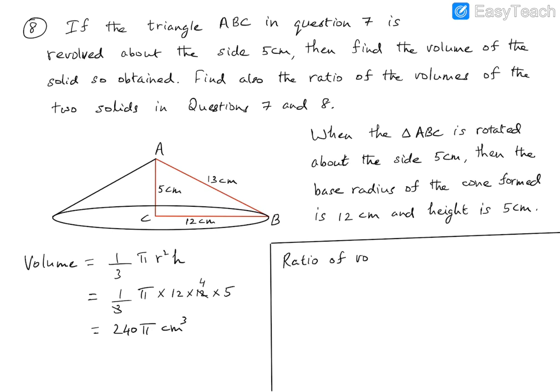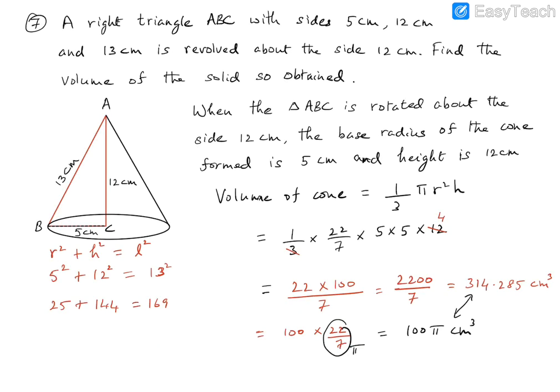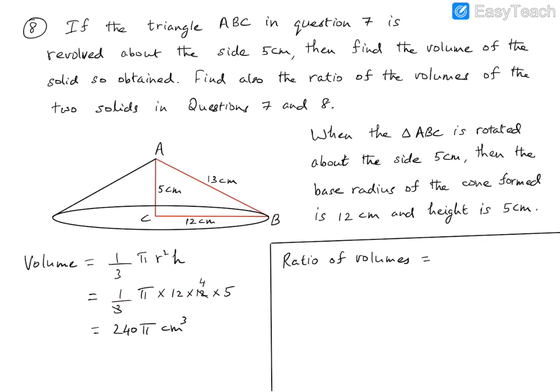Ratio of volumes of the two cones. In the previous case, we had the volume as 100 pi, divided by the volume in this current problem, 240 pi.